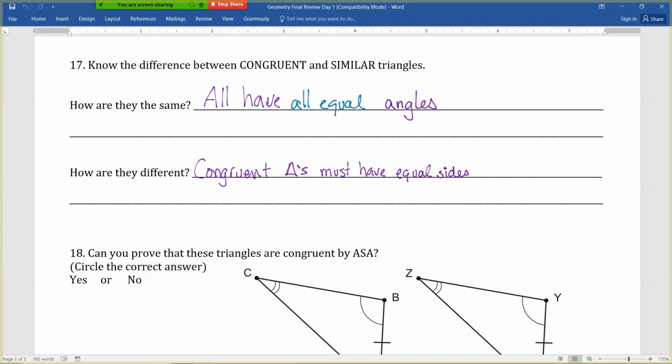However, if you have similar triangles, they don't have to be exactly the same. So similar triangles have proportional sides.